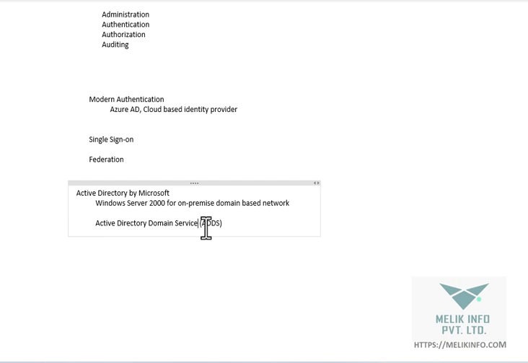It can validate your credentials. And the computer on which you install and configure Active Directory Domain Service is known as the domain controller.